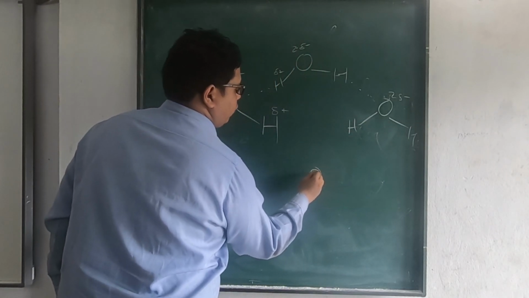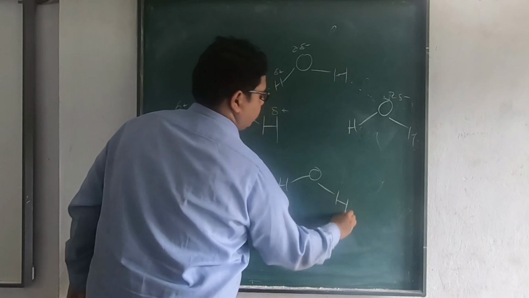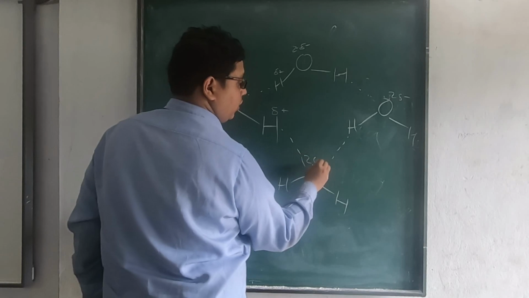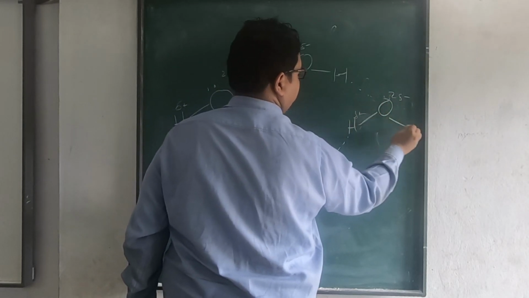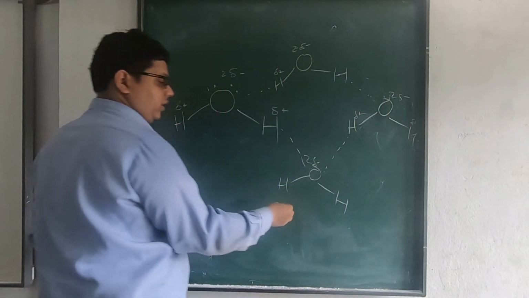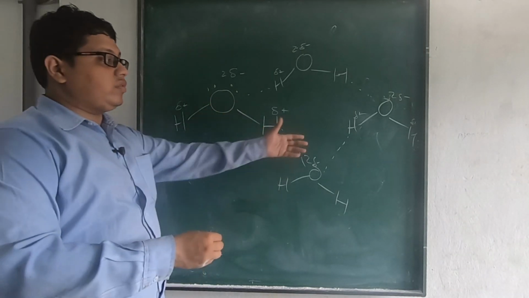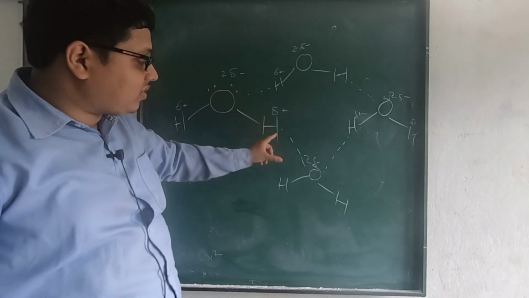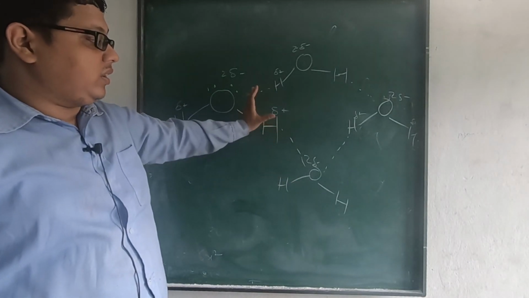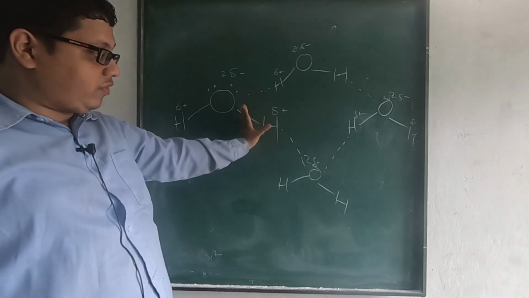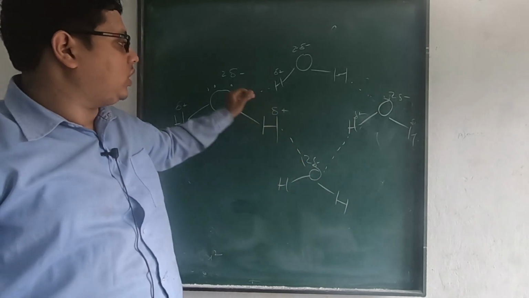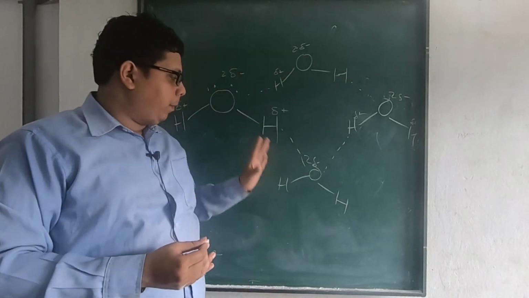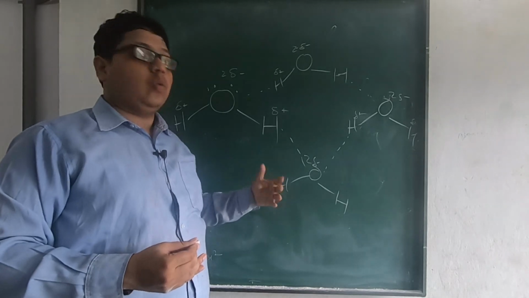The delta negative oxygen will always attract the slightly positive hydrogen. It will go on. I can draw here also, I can go on. So this force of attraction is there between the slightly delta positive hydrogen and delta negative oxygen. Everywhere, this force of attraction is the hydrogen bonding between the different molecules of water.